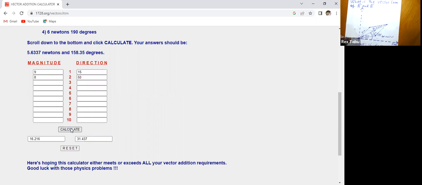So what was the angle again? That was 50. Yep. So the results are close. And that's the procedure for finding the resultant vector whenever you have vectors in the first quadrant.